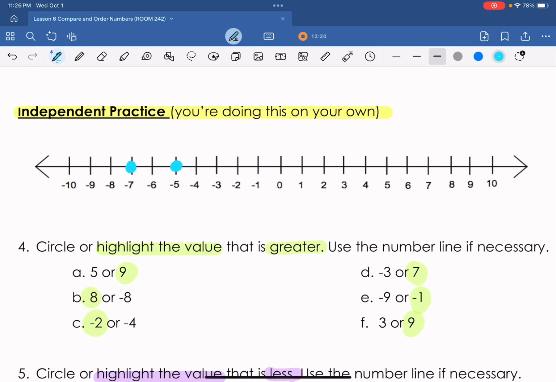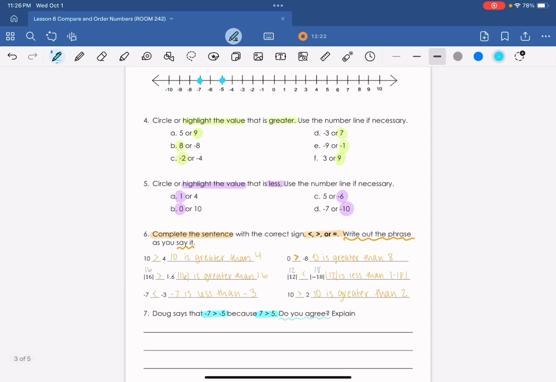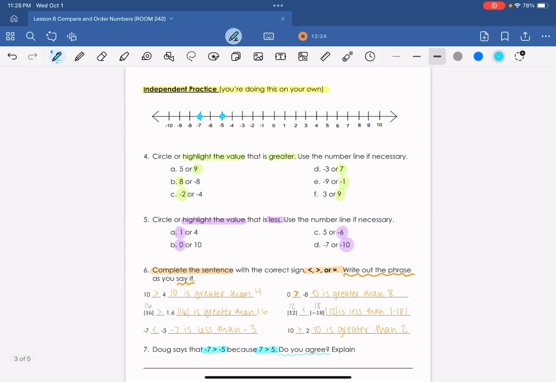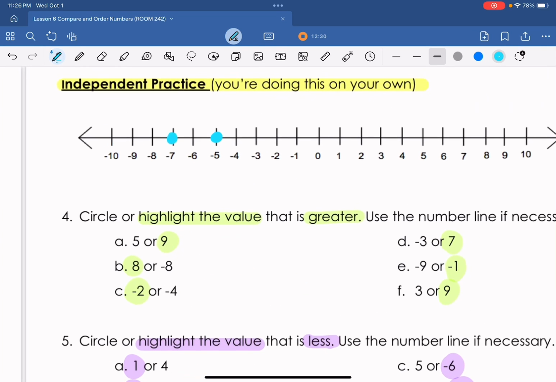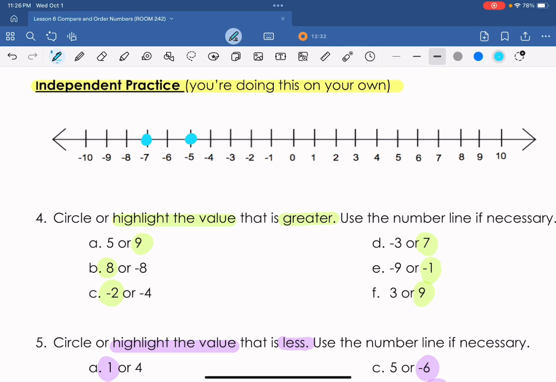But is that true? That's not true, right? Because in order for a number to be greater than another, it has to go further to the right. And if I draw my little lines to compare, my negative 5 from 0 is this long, and my negative 7 is that long. So negative 7 actually moves further to the left, making it less than negative 5.